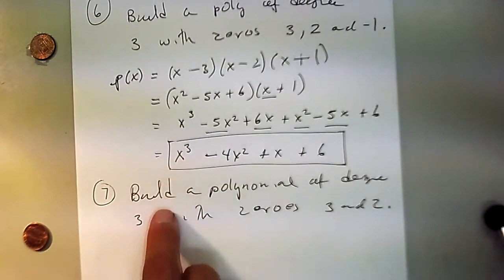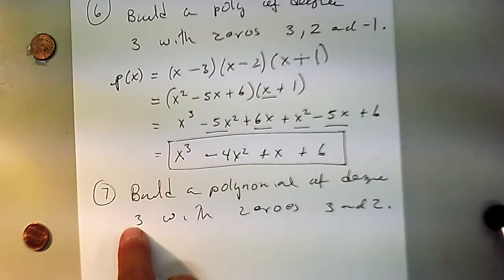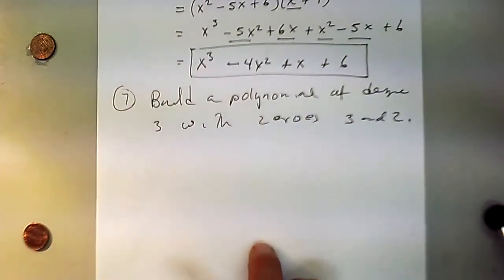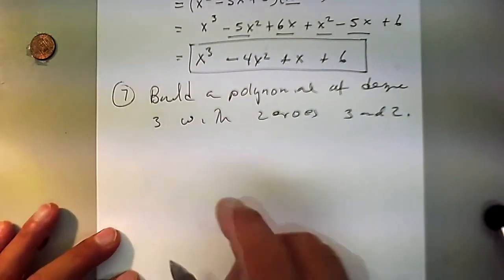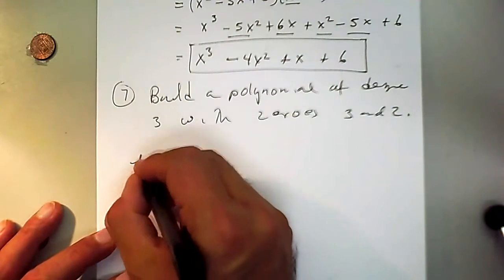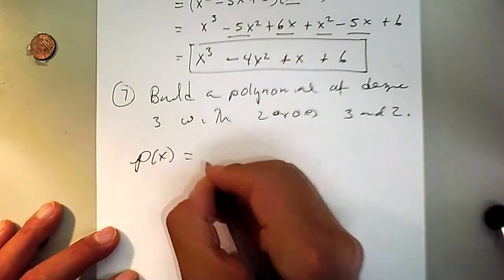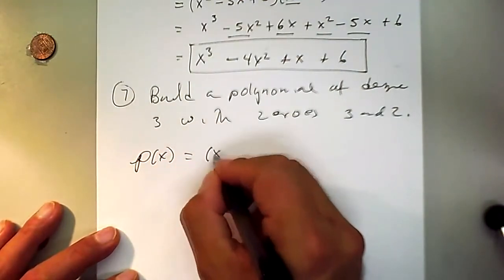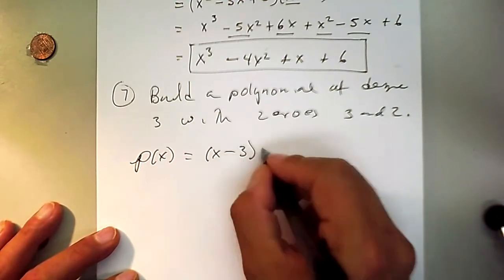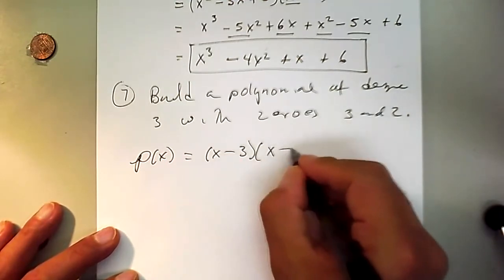But we want the degree to still be 3. We have 2 choices, and only 2 choices. Okay, so the polynomial has to be x minus 3. Well, it has to have x minus 3 and has to have x minus 2.